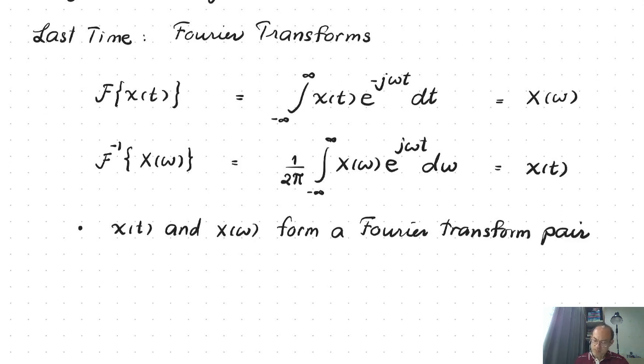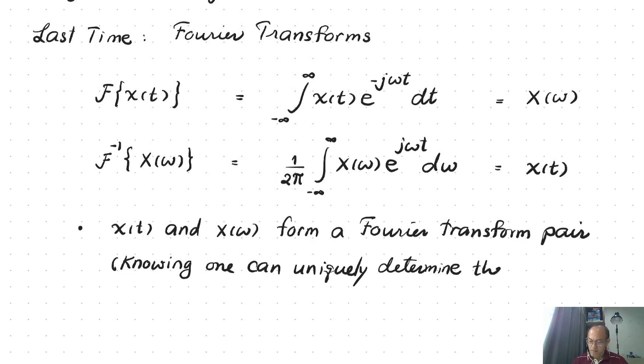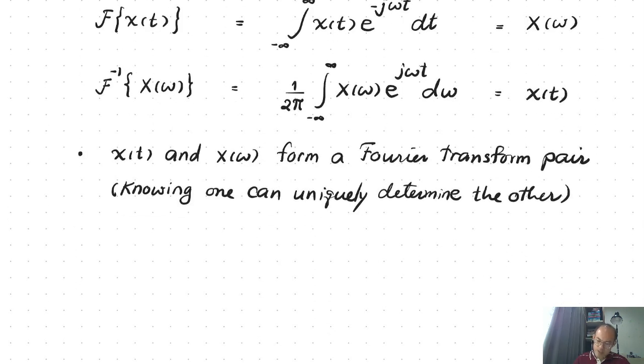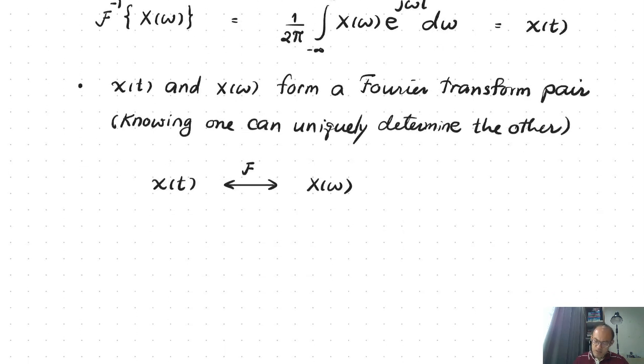We can write x of t, a double arrow, and X of omega to indicate that they are a Fourier transform pair.